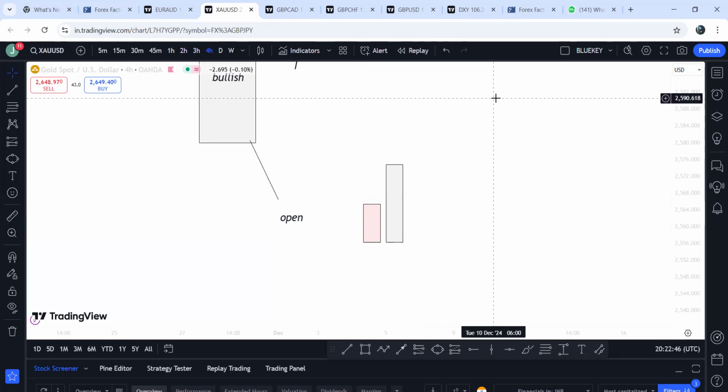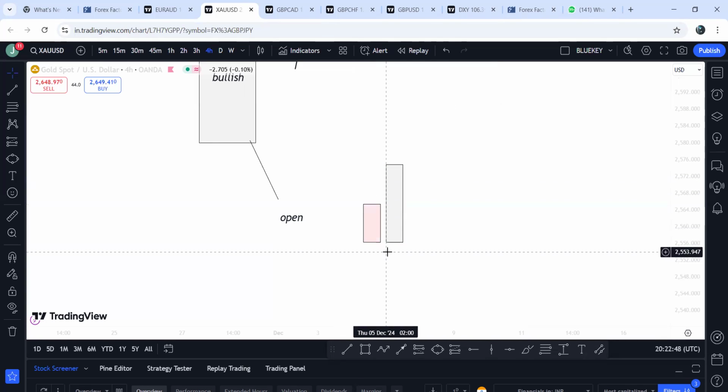So now this is a bullish engulfing candlestick. What does engulfing mean? Engulfing means something that can capture something entirely, cover that thing entirely. That is the primary concept of what engulfing looks like. So in a bullish engulfing market, what you want to see is a bearish candle, which is a sell candle.